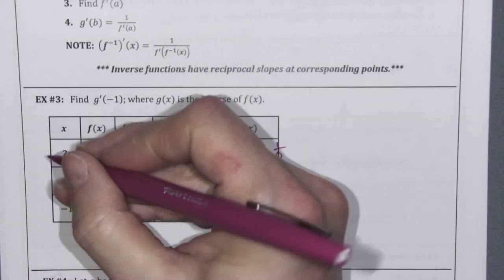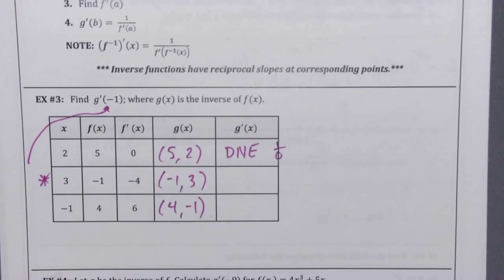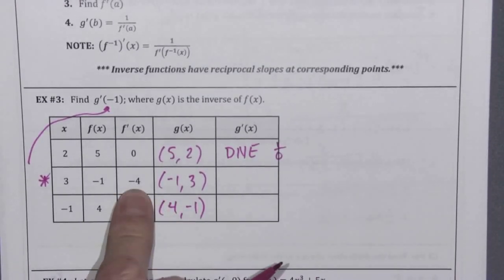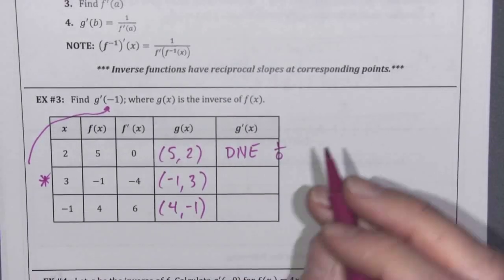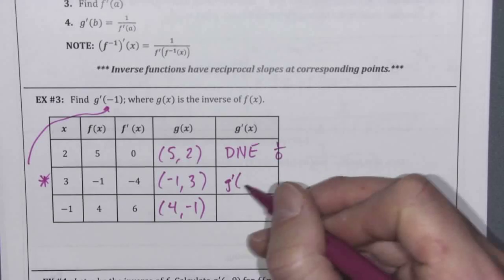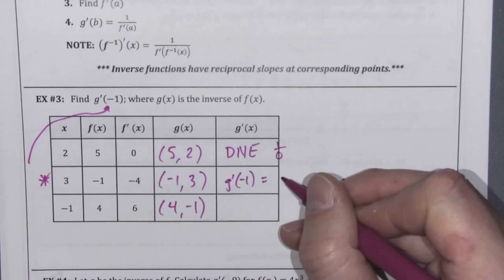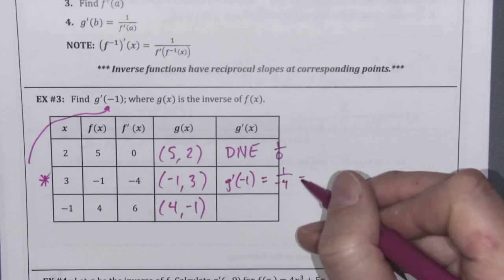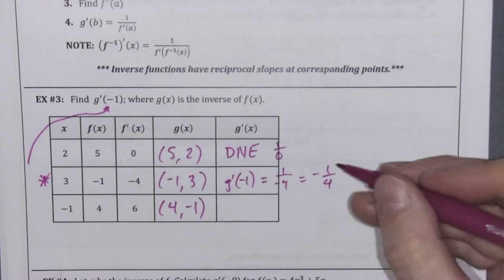So this is the guy that we actually want to look for. He's the target. If I know that that is the derivative of the original function, g prime at -1 equals 1 over -4, which is the same as saying -1/4. So we're actually done.